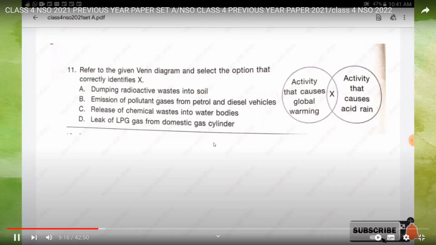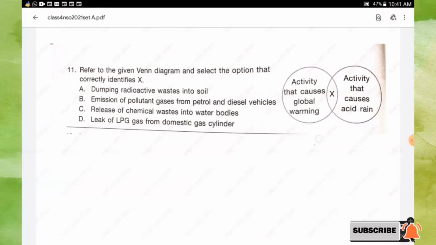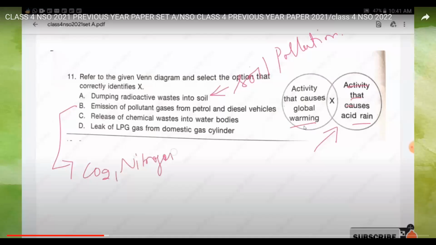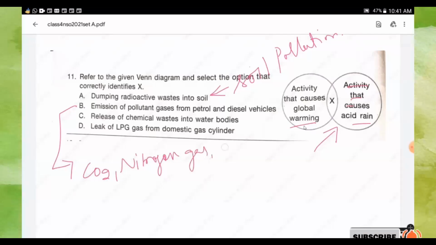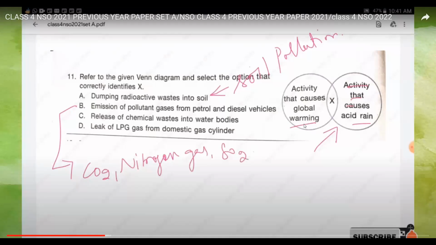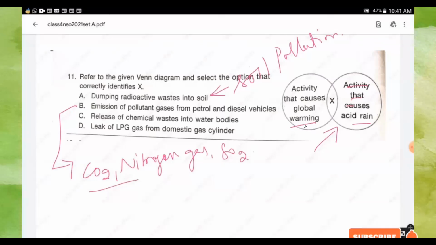Let's check. Correctly identifies X. In the Venn diagram, the X represents an activity that causes global warming and an activity that causes acid rain. Now move on to the option, dumping radioactive waste into soil. It will pollute the soil. Then the gases, hydrogen, nitrogen oxides and mainly sulfur dioxide, will affect global warming.